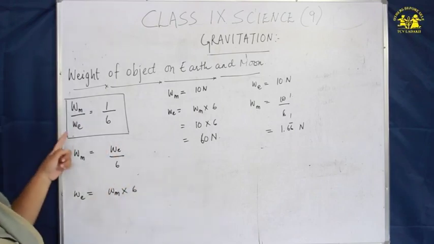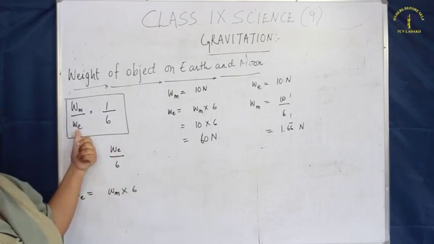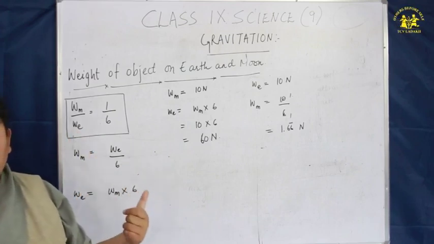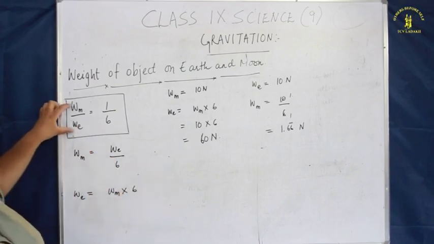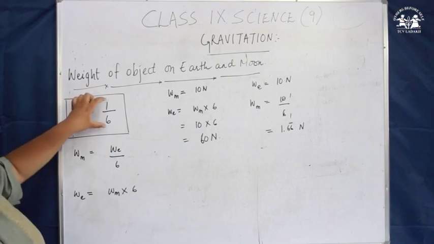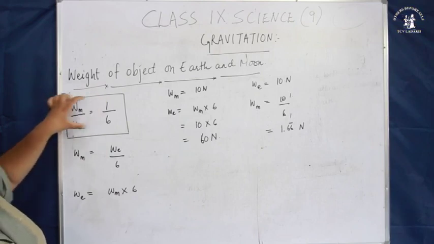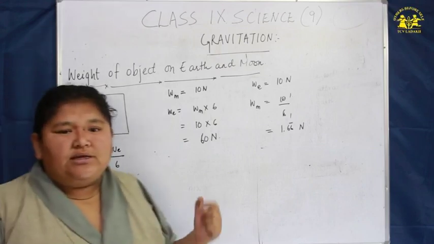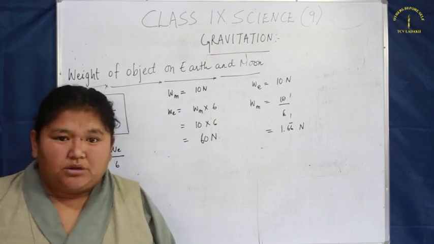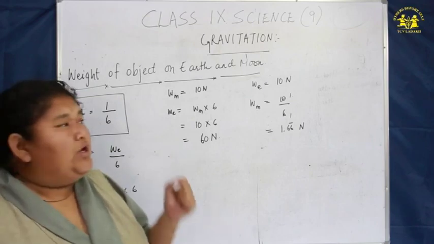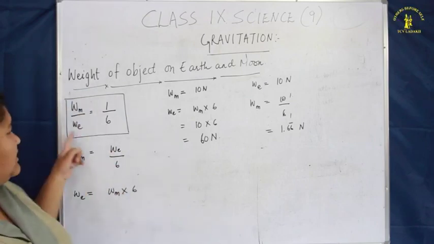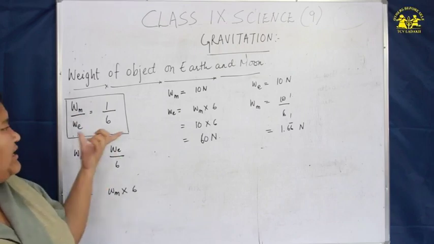And then we have to calculate the weight of object on earth by using another formula, right? So if we take a ratio of these two formulas, then we'll be getting 1/6 as the relative ratio, right? So what I'm assigning you here is kindly go through the textbook and find out how this ratio is coming to be 1/6.